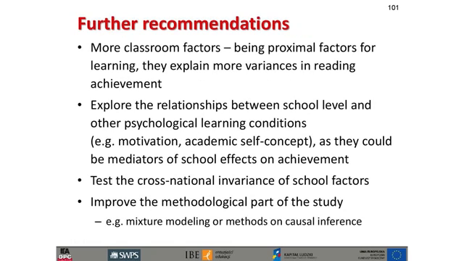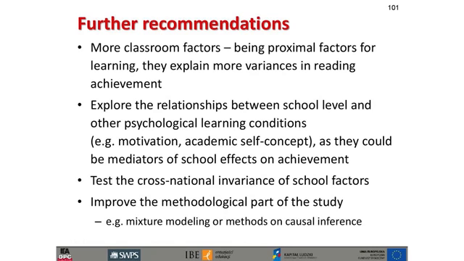Further recommendations are that more classroom factors should be included. That is related to comprehensive modeling, so I was kind of unsatisfied that we just had one instructional quality variable. I guess if we would have more, we would also be able to explain more of the variance of the dependent variable.